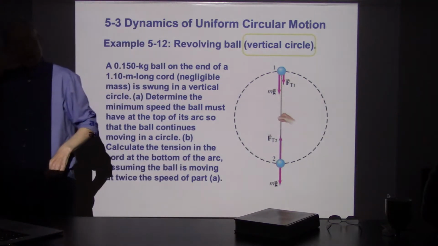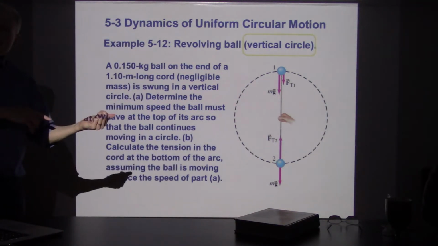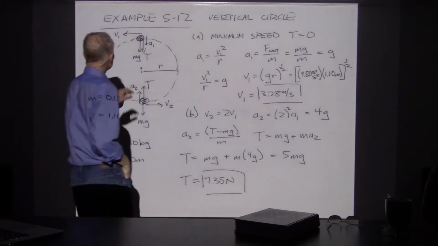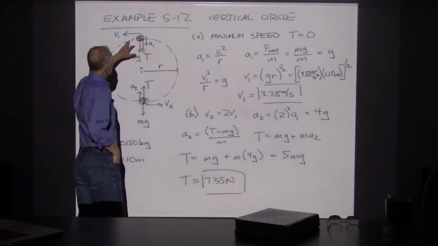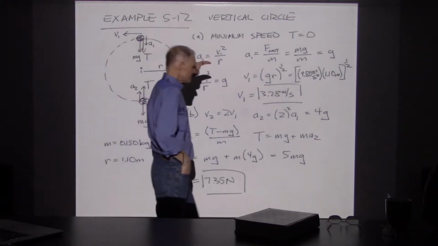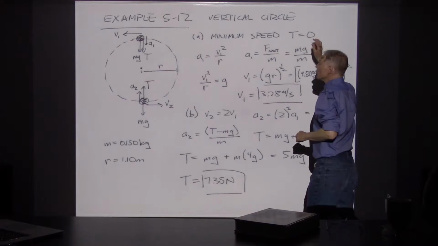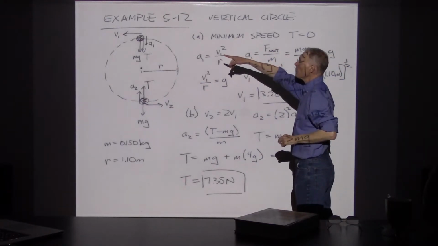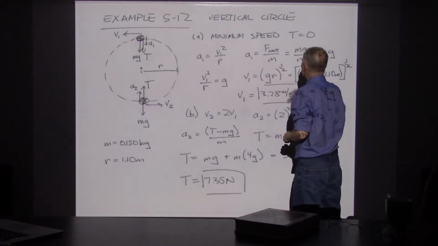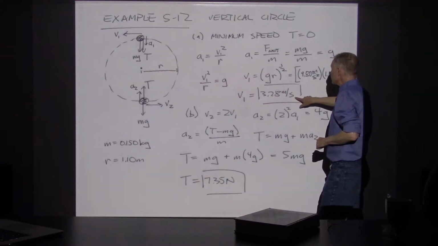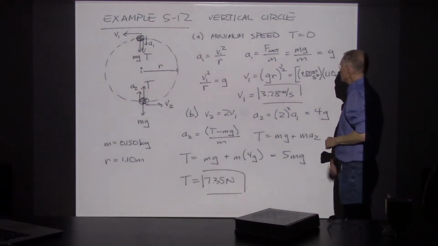And then we asked, if that's the case, what's going to happen to the tension at the bottom? In order to just make it through and maintain that nice circular path, we said at the minimum speed, the tension will drop to 0 just momentarily right at the top. The tension will be 0. When we calculated that out, we calculated a speed of 3.28 meters per second.